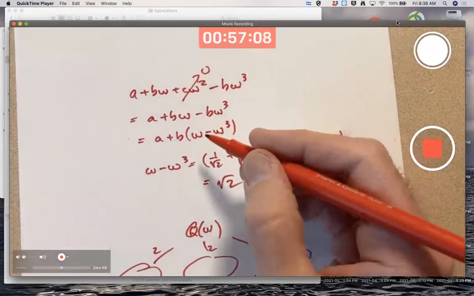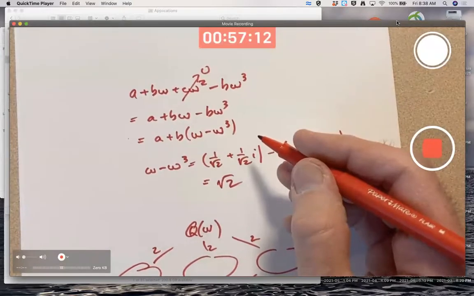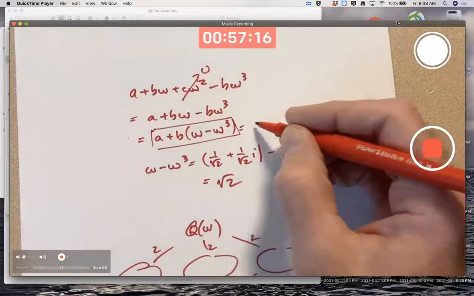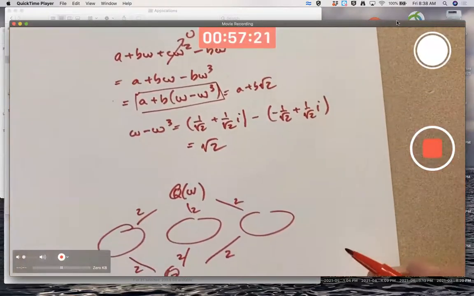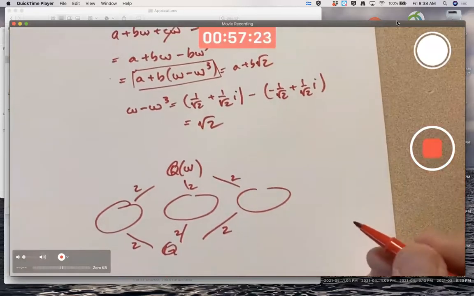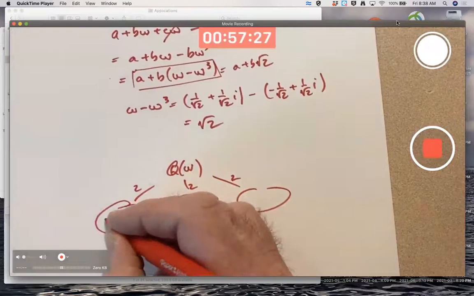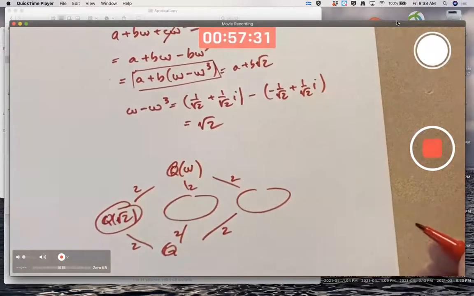Elements that get fixed under that particular automorphism are elements of this form, where A and B are rational, which would be Q adjoin √2. Q adjoin √2 would be one of these fields. Q adjoin root 2 would be one of them.